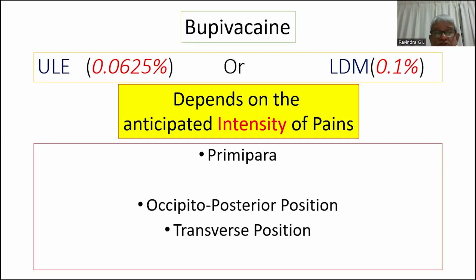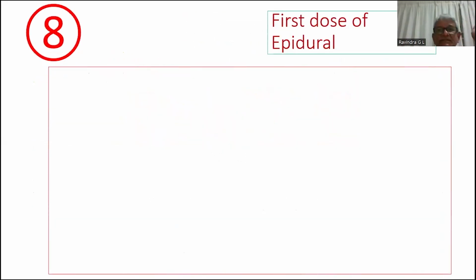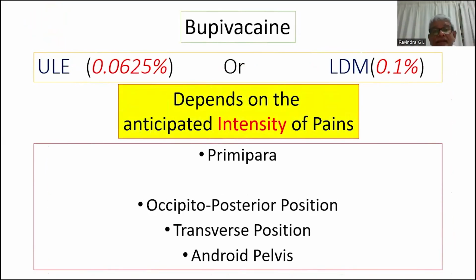An occipito-posterior position, because of the position itself, the pain intensity is higher. A transverse position. An android pelvis, where the pelvis does not allow the fetus to progress. These are the situations where the intensity of pain is anticipated to be higher. We use the low dose mixtures, and otherwise it is ULE.